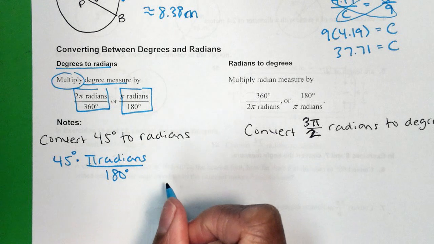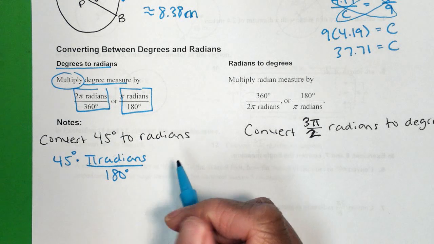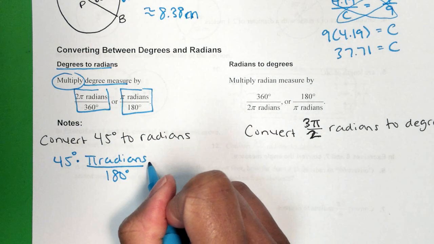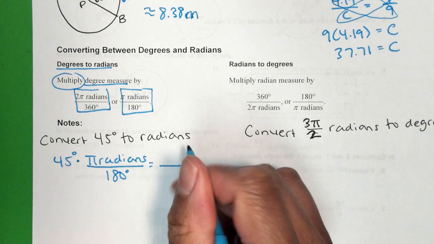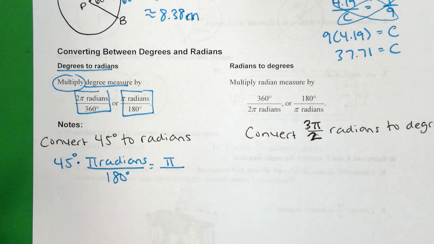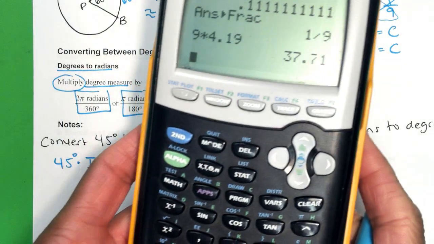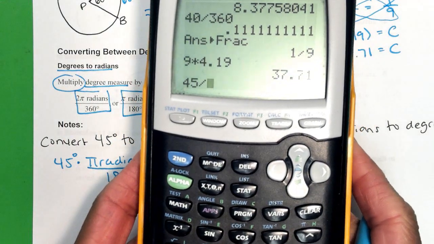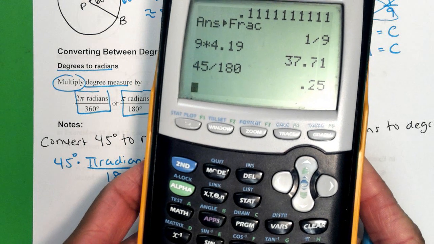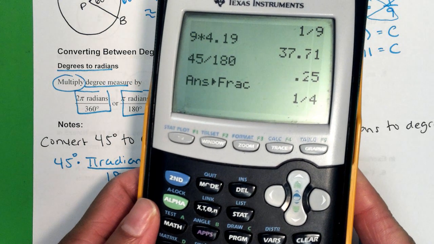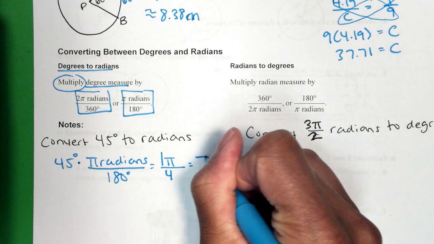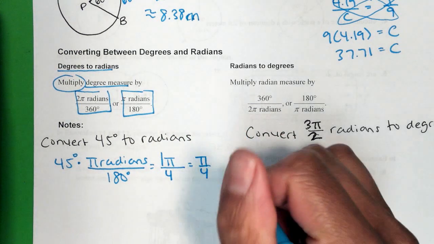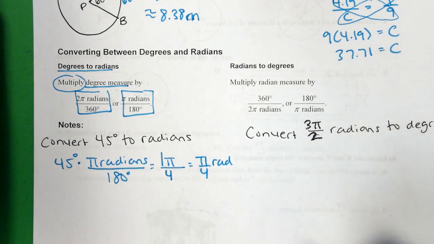So note, if you are thinking about conversions like in chemistry, the degrees are going to cancel out because they're on top and bottom. And so we have pi still on top, and then we can do 45 divided by 180. We end up with 0.25, or as a fraction 1/4. So I have technically pi over 4 radians, or you can say rad for short.